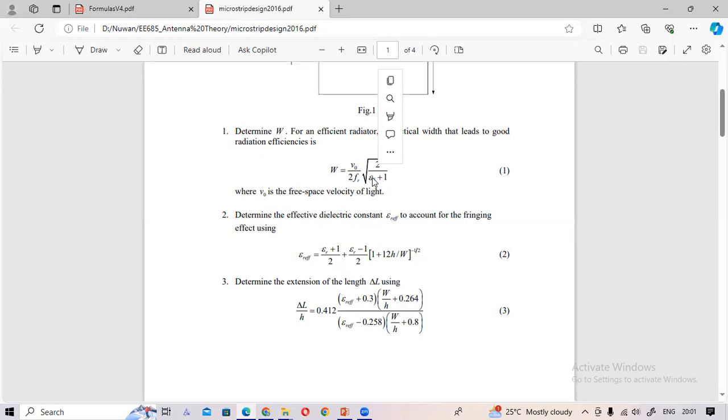Dielectric constant. Yes, the dielectric constant of what? Of the substrate we are using to make this microstrip antenna.